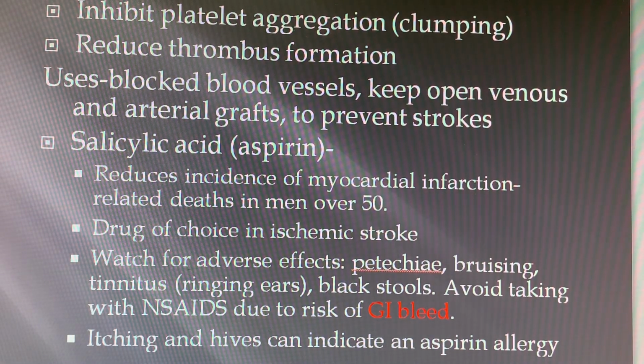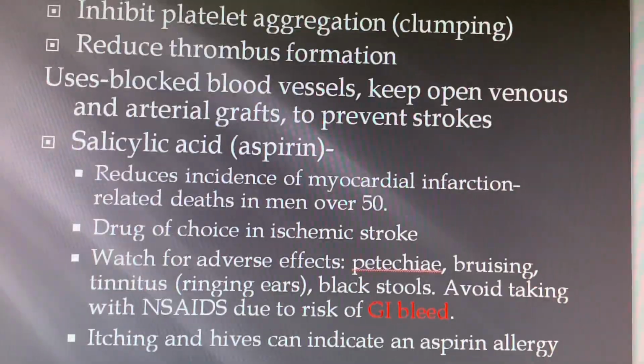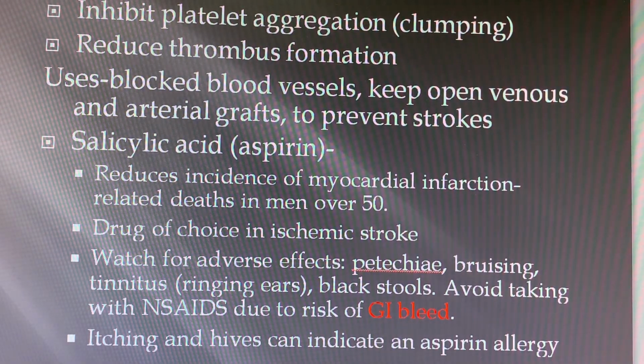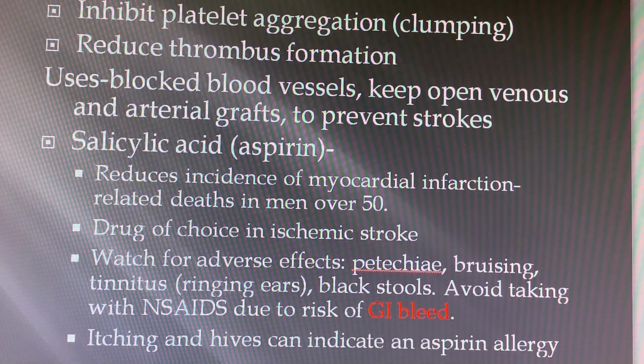Black stools will sometimes be noted. We always want to avoid taking aspirin and NSAIDs together because they can be very irritating to the stomach alone, and when you put them together, they're even more dangerous and increase the risk of a GI bleed. An aspirin allergy is fairly common, and itching and hives can indicate the beginnings of an aspirin allergy.